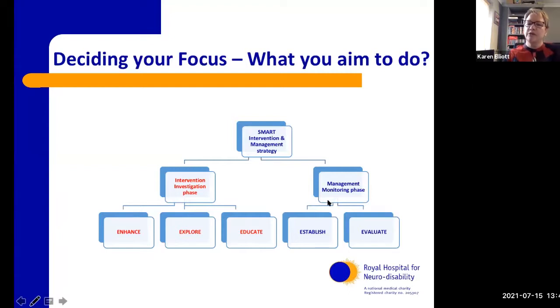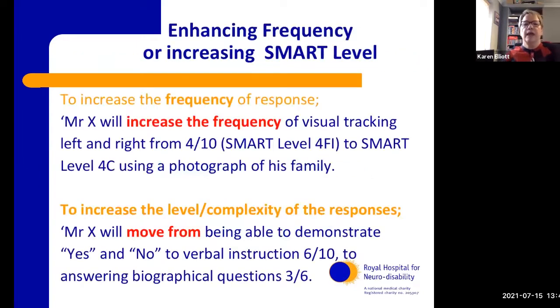So it might be that the focus is setting up a management phase or management issues, or it might be that you're looking at investigating something a bit further, providing rehab, providing intervention, or there may be a combination of the two. So if it's clinical, the assessors would identify exactly what they feel needs to be focused on in terms of enhancing or increasing that person's responses.